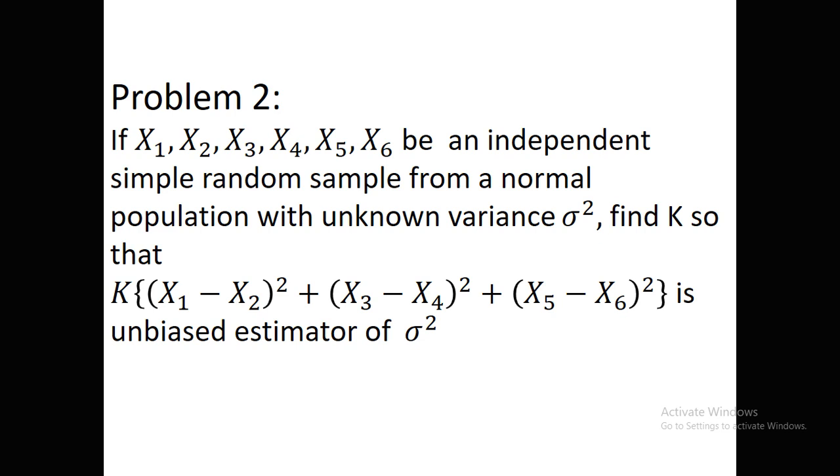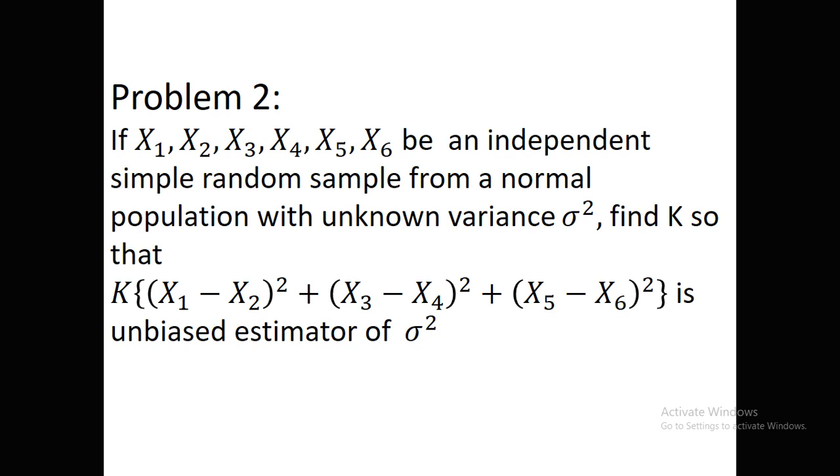A sample of size 6 has been given to you, and there is an unknown parameter sigma square. The question is that this statistic, which is nothing but a function of the sample, is an unbiased estimator of sigma square.